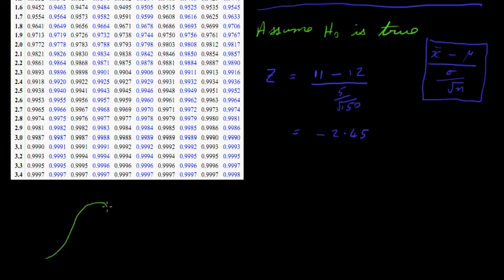We have our standard normal curve, and we have our mean down along here. So this is 0, and you've got maybe -1, -2, -3, and we're looking at somewhere around here, values down along here.